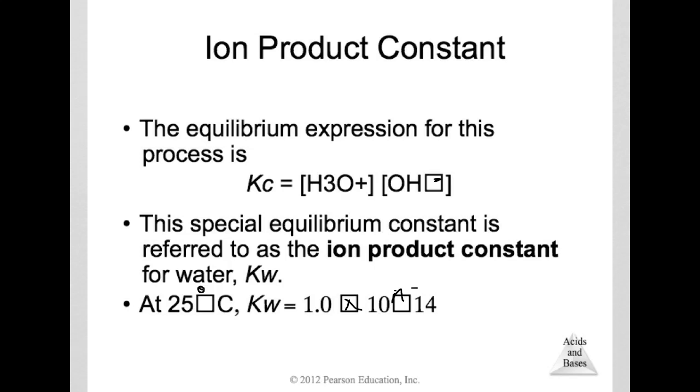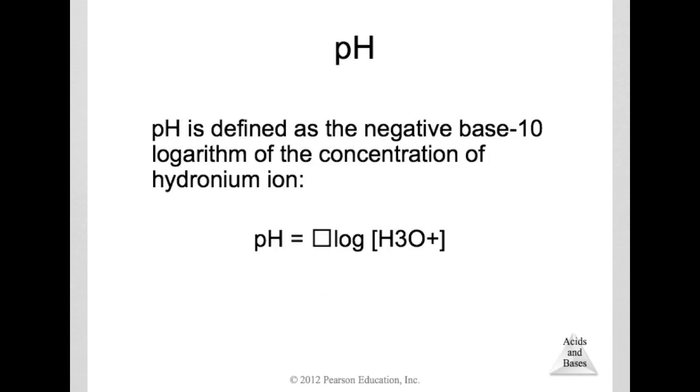Okay, so Sorensen came along and defined something as pH. If we have pH as equal to the negative log of the hydrogen ion concentration, this is the formula that you've all seen before.